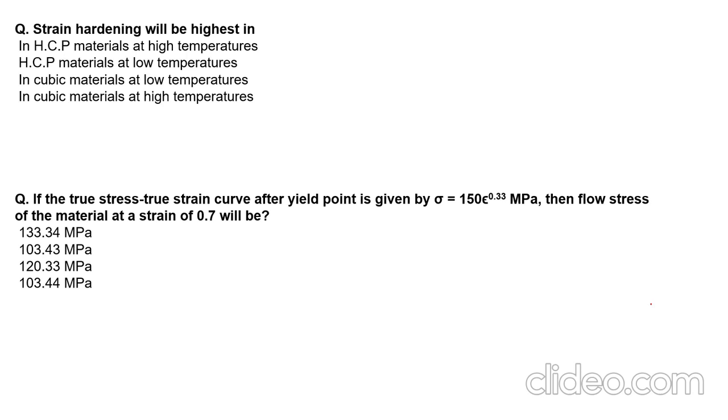Number of your close-packed directions. So which is more prone to undergo strain hardening out of the two systems? First, we'll talk about crystal structures. This is one part of the question, and the other part is your temperature, right? So first tell me which is the right option for strain hardening will be highest in HCP or cubic material?